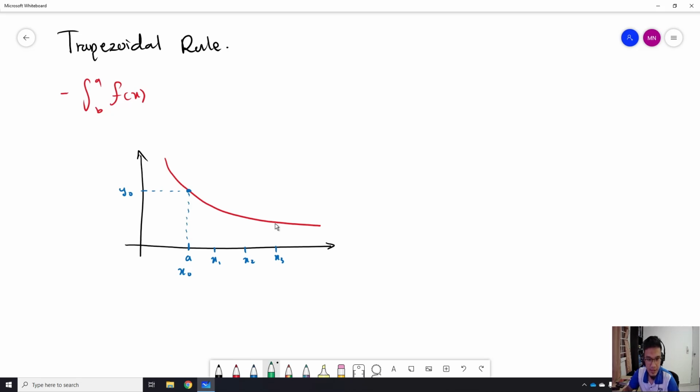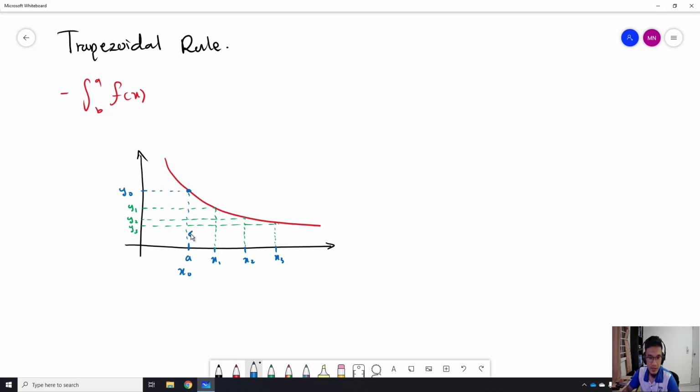So x3 will also have a point on the graph, same goes to x2, and also x1. So x1 will have y1, then x2 has y2, and x3 is y3.